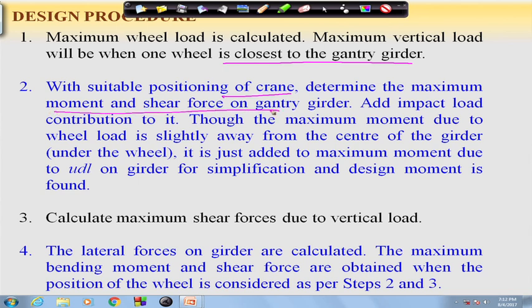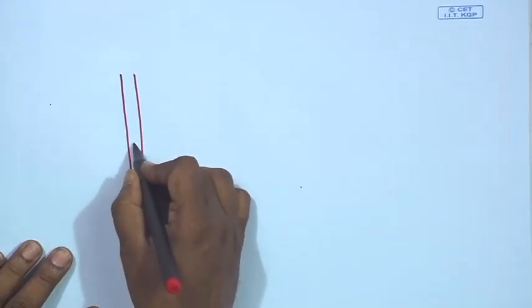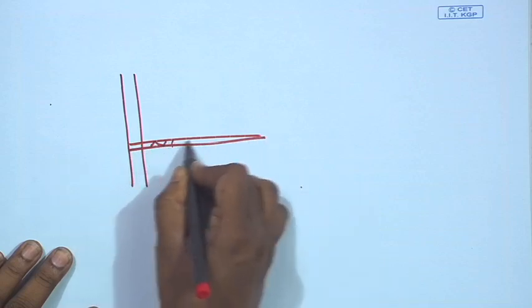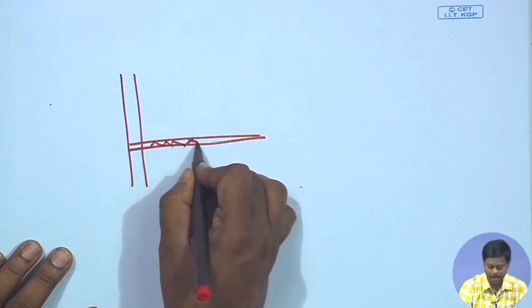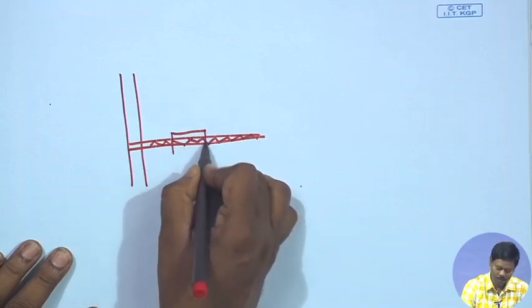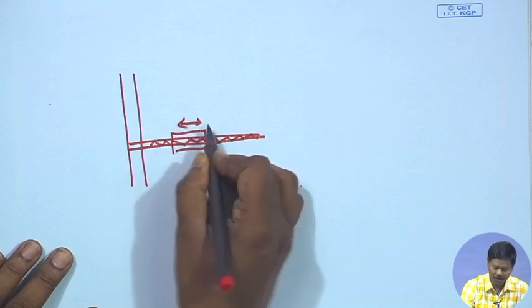girder. As I told, if I see here, suppose this is the gantry girder and this is the crane. Now, the crab is here. So the crab can move here in this direction.